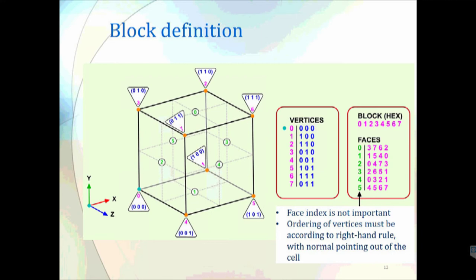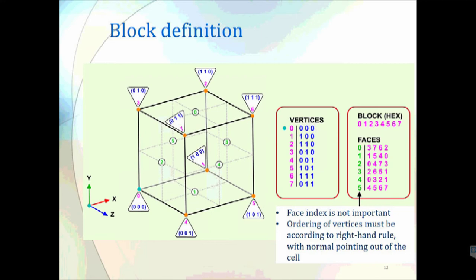But how do we define a face? We define a face by going in the clockwise direction. For example, let's take this face 2 of our example problem. How do we list the vertices of this cell in OpenFOAM?